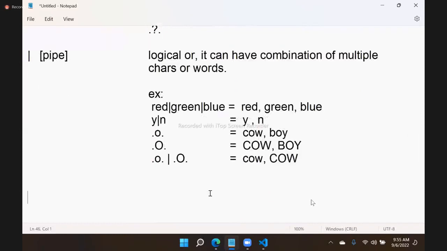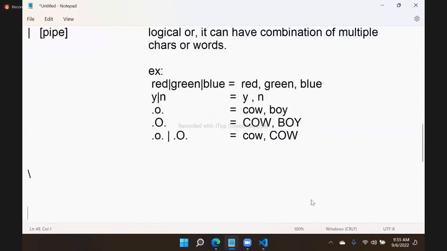Another problem here. Another important one, you need the slash. Actually, it is an escape sequence character. The purpose of this escape sequence character is, there are so many problems now.